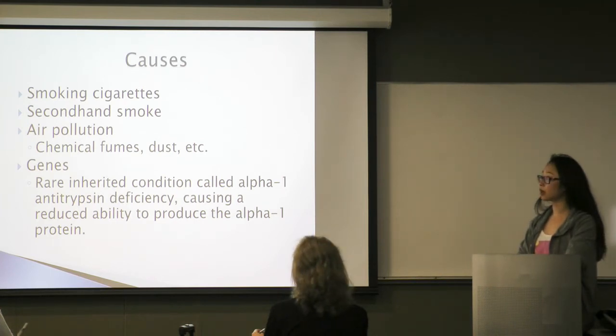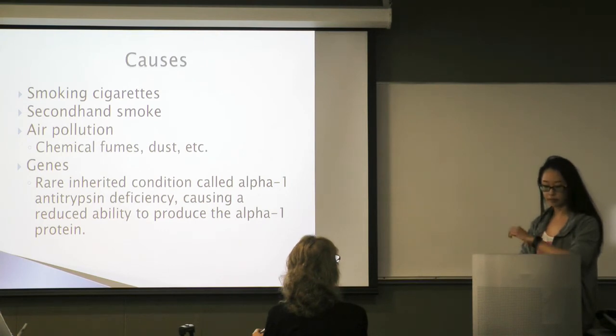And more rare is genes. So a rare inherited condition called alpha-1 antitrypsin deficiency. So they're not able to produce as much alpha-1 protein, which is produced by the liver. And that protein helps protect the lungs by preventing them from getting broken down.